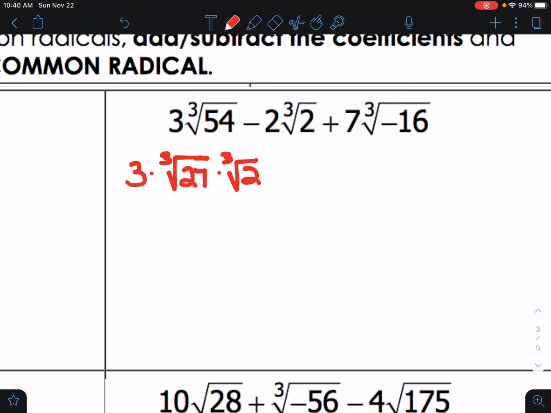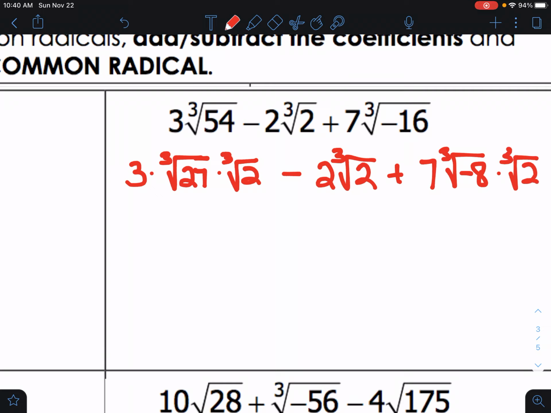This second one, there's nothing to really simplify. Cube root, remember I've got a negative here, so I want to bring that in with the perfect cube. So this will be negative 8 is the biggest perfect cube that goes there, and this would be times 2.